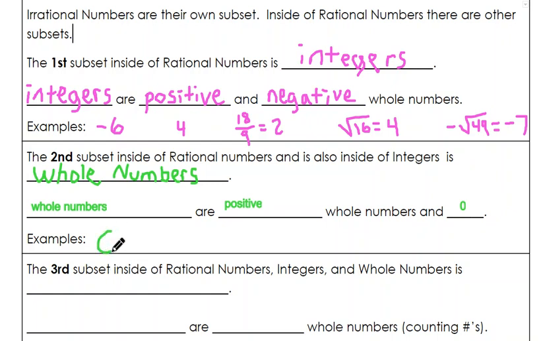Well, 0 is a whole number. 7, 163, 27 divided by 3. 27 over 3 is a fraction, but it would simplify down to 9. Anything that becomes a positive whole number or 0 is a whole number. Negative numbers do not go in this section because those are integers.